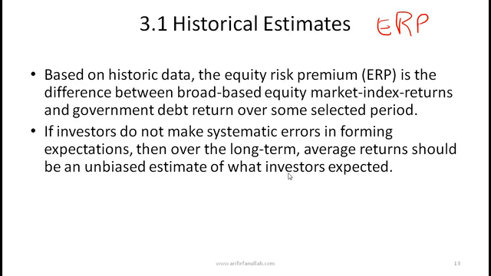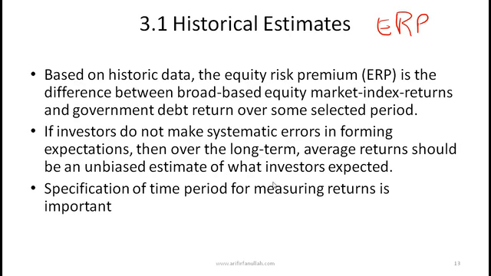That will give us the equity risk premium. The specification of the time period for measuring is important. I just picked 20 years. Now should that be 20 years, 2 years, 50 years? That's important.